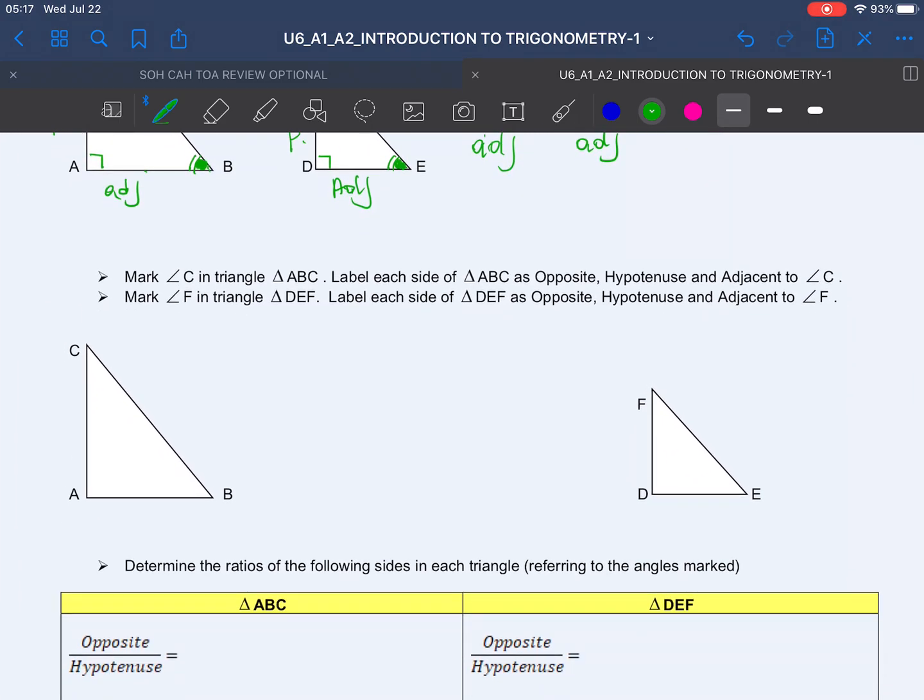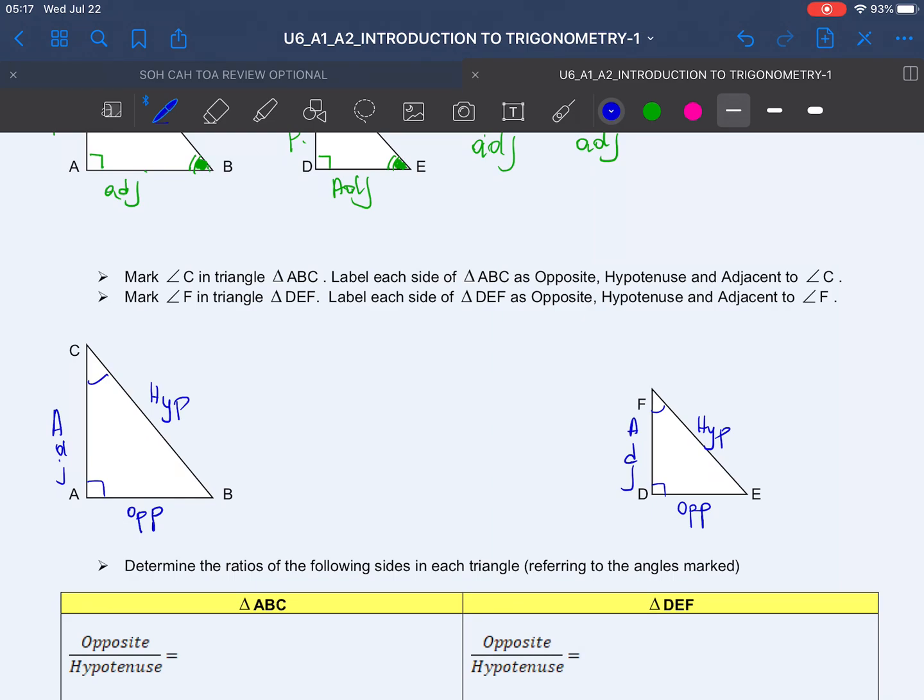In the same way, we reason about the rest of the triangle. So in the next one, we're going to mark C. That would be the angle marked. And we're going to label the sides as opposite, hypotenuse, and adjacent. So this is the hypotenuse. This is the adjacent. And this will be the opposite. So in triangle DEF, if we were to mark angle F, we would have a similar situation. So opposite, this is the hypotenuse, and this is the adjacent.